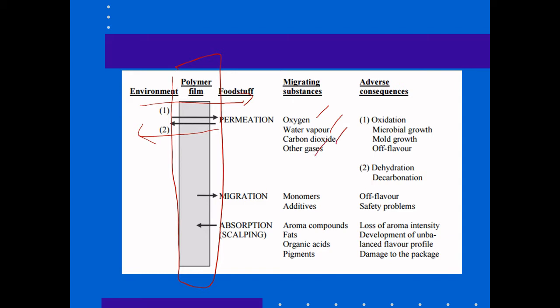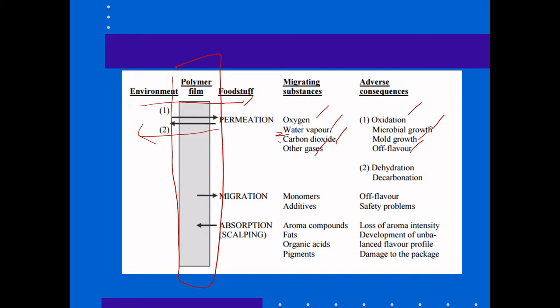Now, what are the consequences of these migrating substances are oxidation, because of the oxygen, microbial growth because of the water vapor, mold growth also because of the water vapor, off flavor because of the gases, and also due to the microbial growth, as well as oxidation.